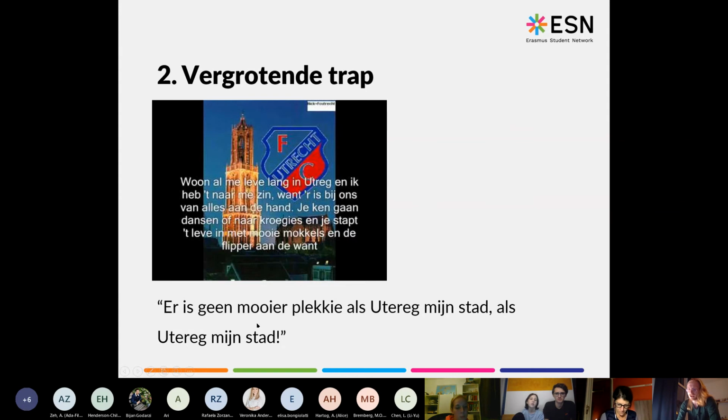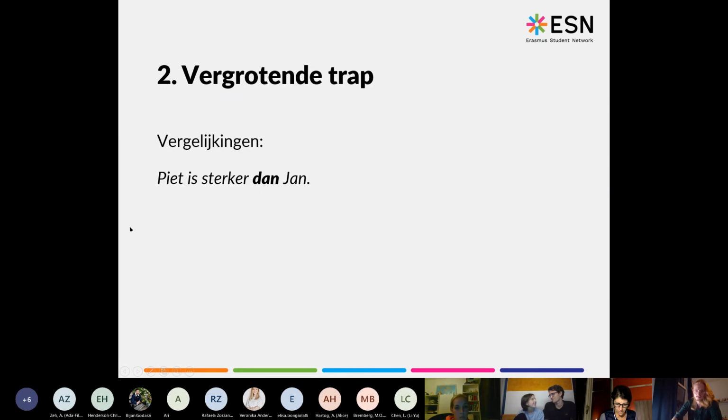Here the sentence is: er is geen mooier plekje als Utrecht, mijn stad. So there isn't a nicer place as Utrecht, my city. So it's technically not correct, but you hear it a lot. It hasn't become so widely used as to become correct, and not a lot of people blink an eye if you use als here. But you know to use dan.